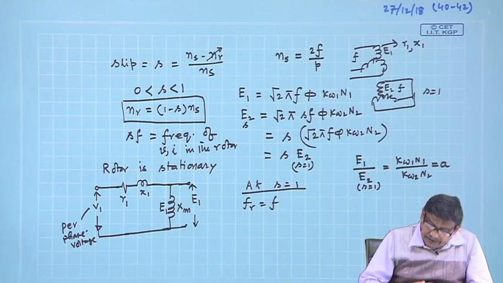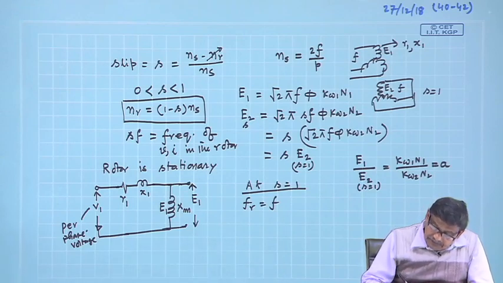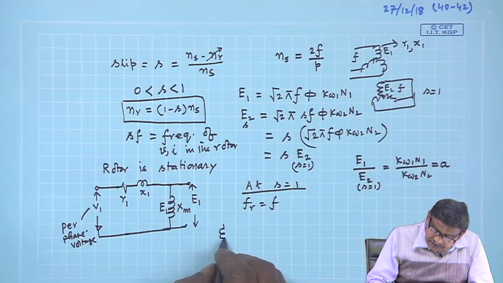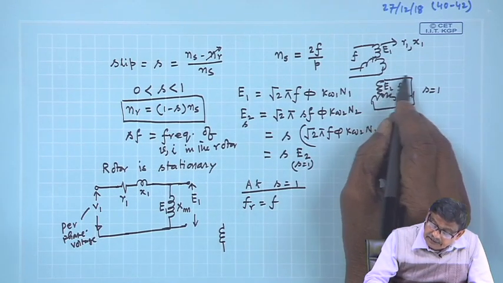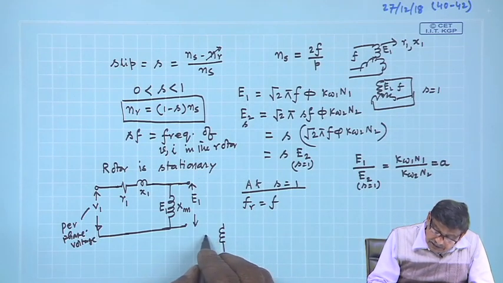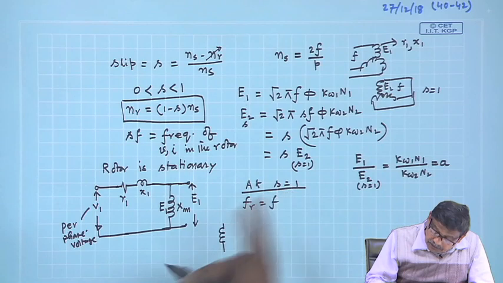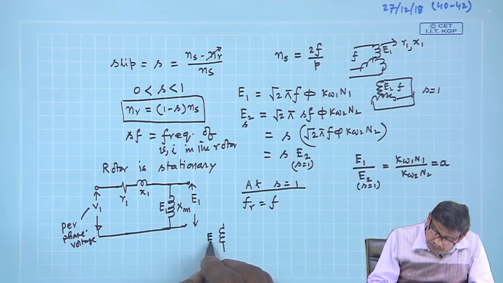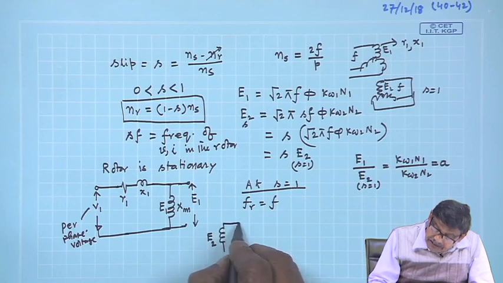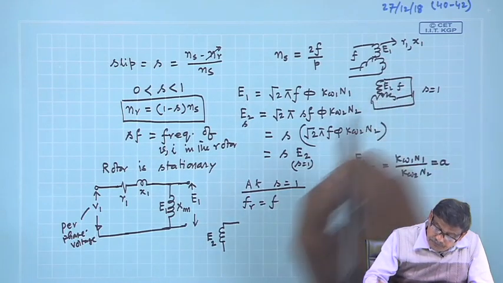And on the secondary side, this is the secondary coil, and the secondary circuit is closed. So, per phase the induced voltage at S equal to 1 will be E2, and the circuit is closed.